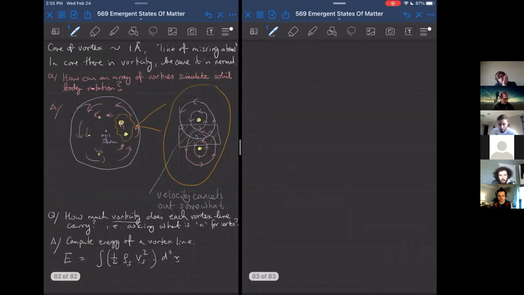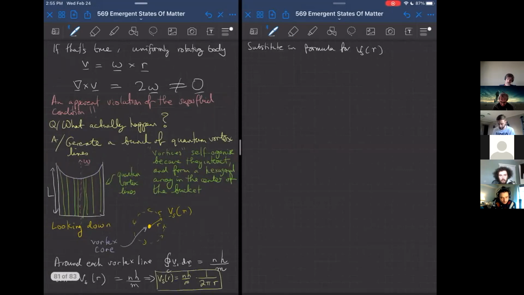We're going to substitute in our formula for vs of r, the one that we worked out over here in the yellow box.